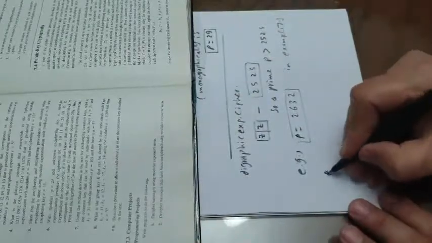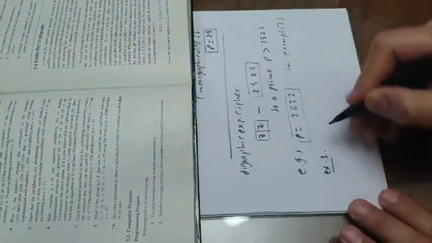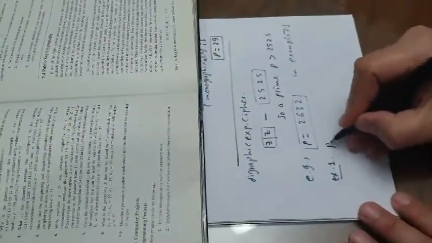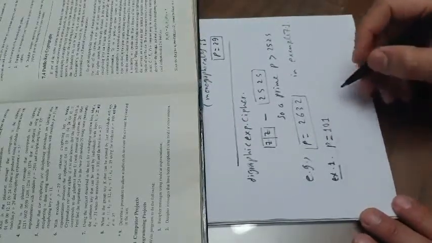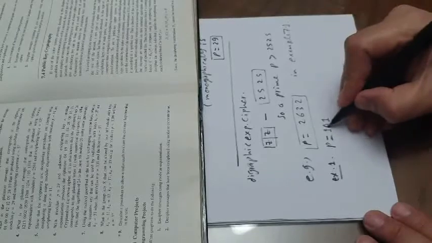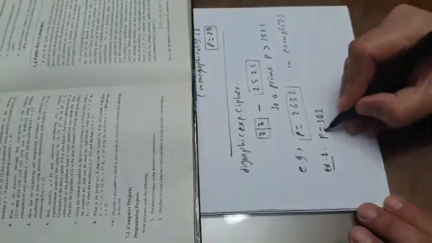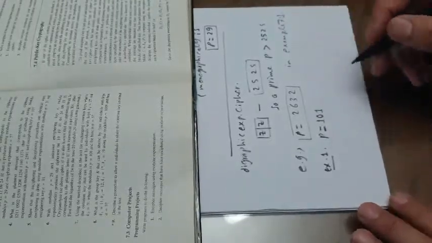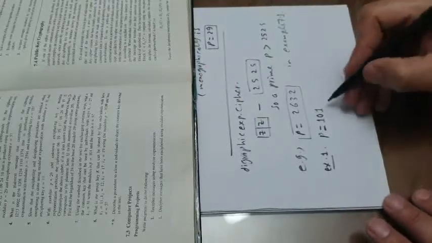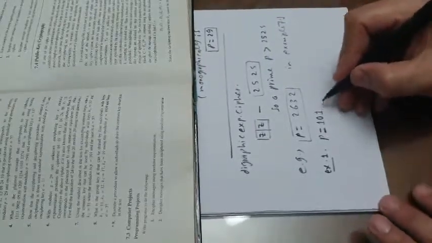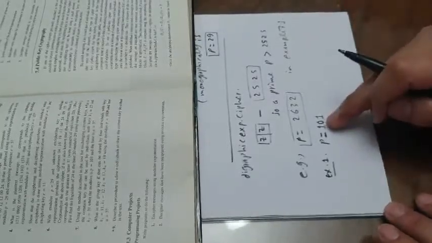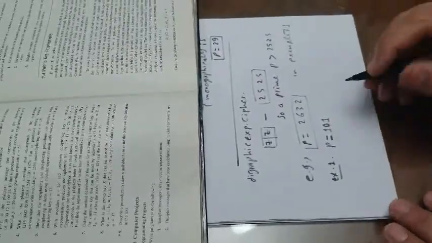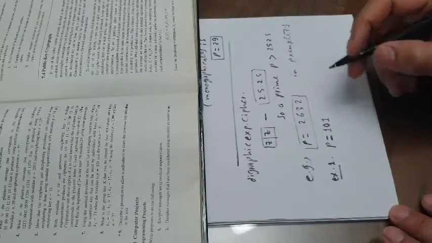In exercise 1, using the prime number p equals 101, this is the 26th prime number. This is the prime number 26 in the list of primes because there are 25 primes less than 100. This is the first prime number after 100.